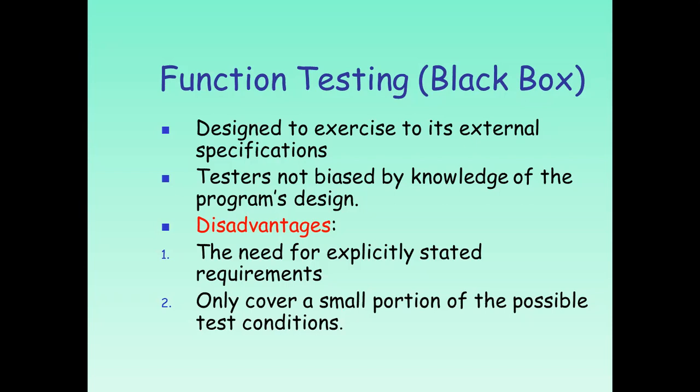So it will cover only a small portion of the possible test conditions, at the function level only. Whenever we involve more functions or components, the testing conditions will be different and will change.